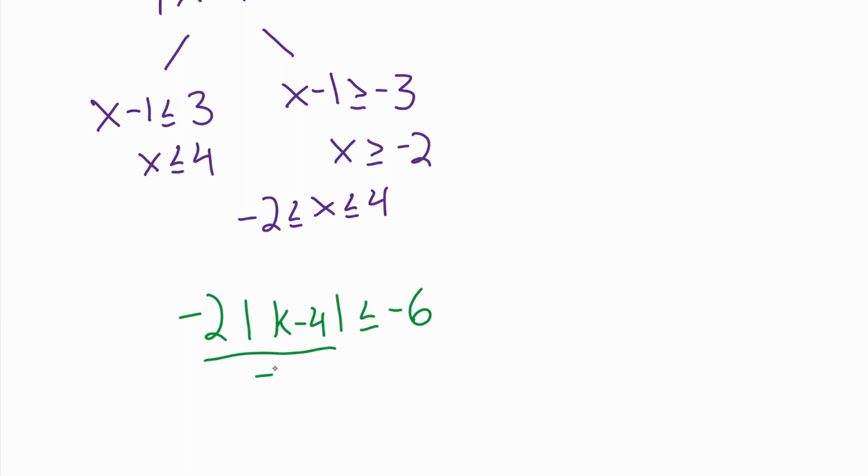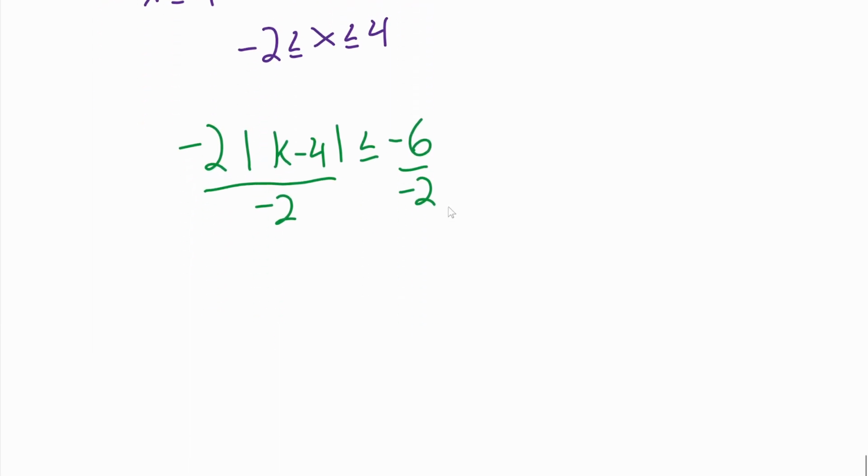So we want to divide both sides by negative 2, because then we'll know how exactly to approach the inequality. So these will cancel. We'll be left with the absolute value of k minus 4 is greater than or equal to 3 because of the dividing by the negative.